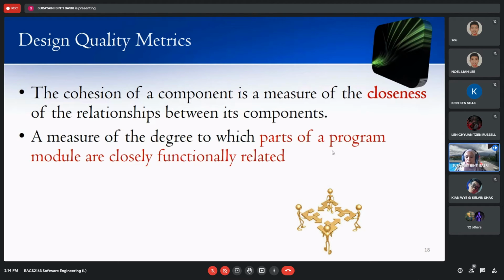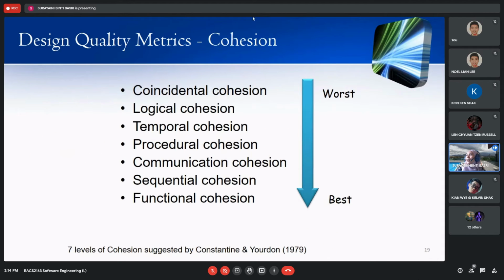Later, if I'm not mistaken, we will learn the levels of cohesion. Cohesion has seven levels: 1, 2, 3, 4, 5, 6, 7. Among all of these levels, functional cohesion is the best.